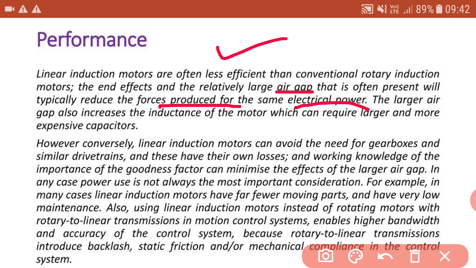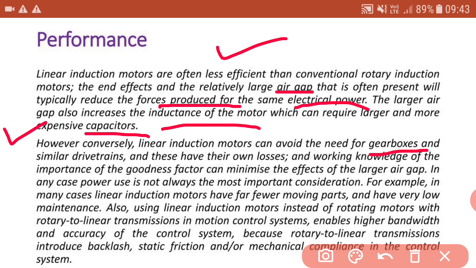The larger air gap also increases the inductance of a motor, which can require larger and more expensive capacitors. So due to the larger air gap, the need for capacitance is larger, and a more expensive capacitor should be there. However, conversely, linear induction motors can avoid the need for gearboxes and similar drivetrains, and these have their own losses.